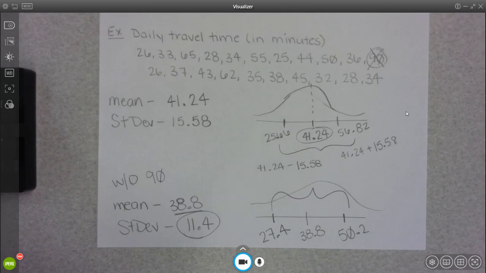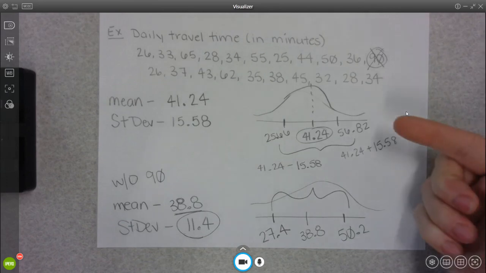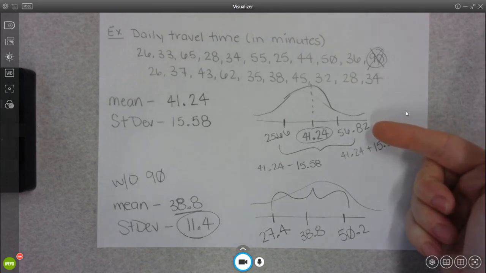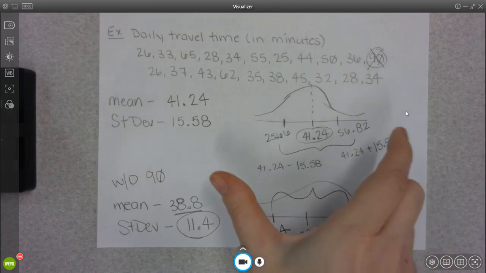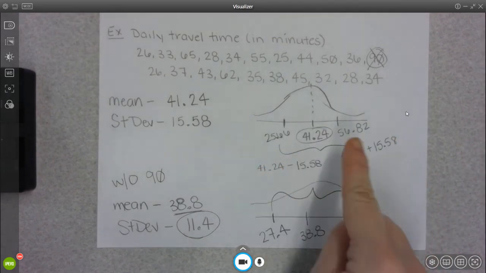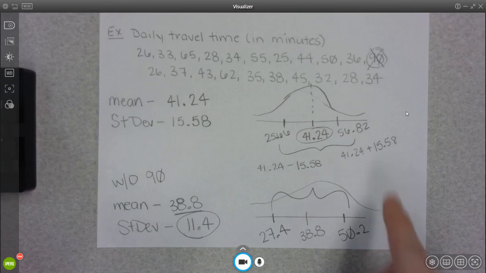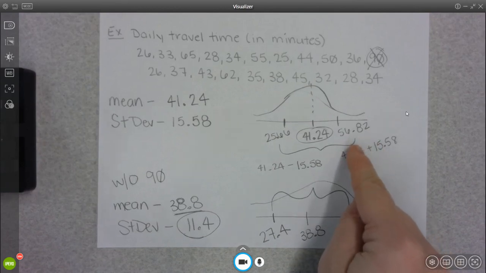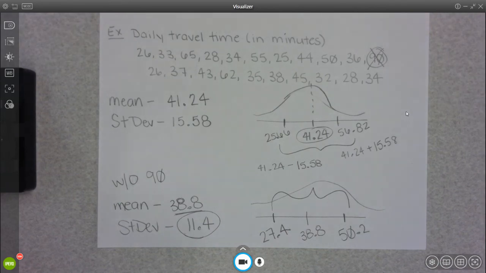You could be asked using mean and standard deviation, who had a faster racing time, for example. So using this, if these were race times, I would say the person who looks like they might have a faster race time would be the person who has a higher spread in that first standard deviation. This is a much larger number than 50. So I would say this first set of data, they probably have a little bit of a faster drive time.